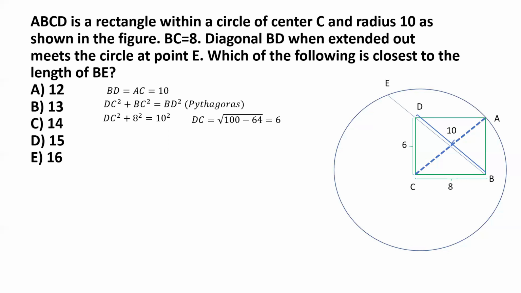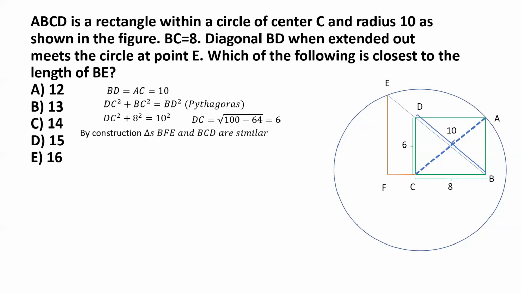So now we do a construction, and we basically drop a perpendicular parallel to the sides DC and AB, and this perpendicular meets the side BC of the rectangle extended out at point F. So by construction, we have two similar triangles here.